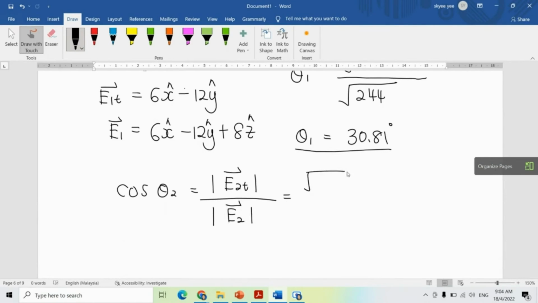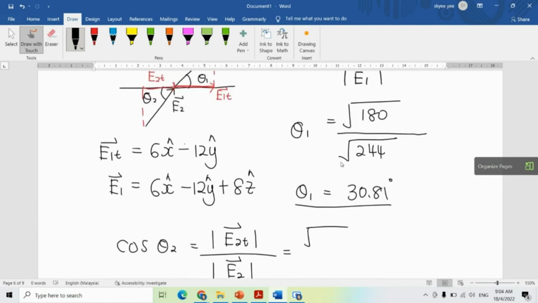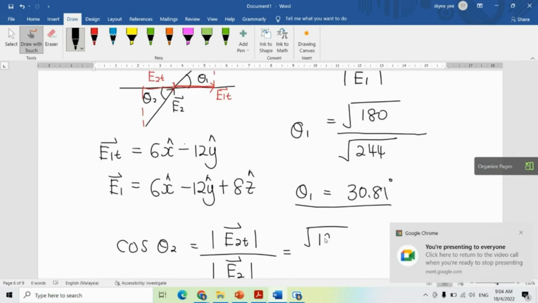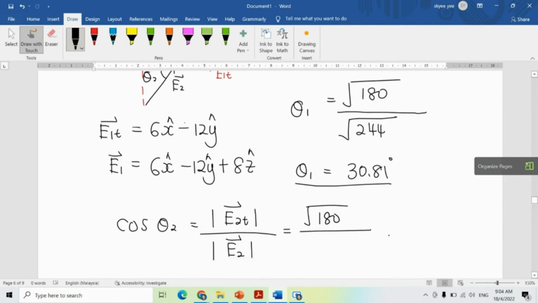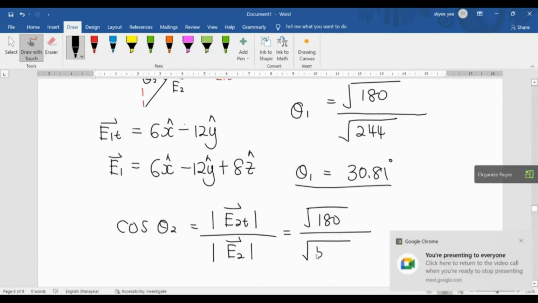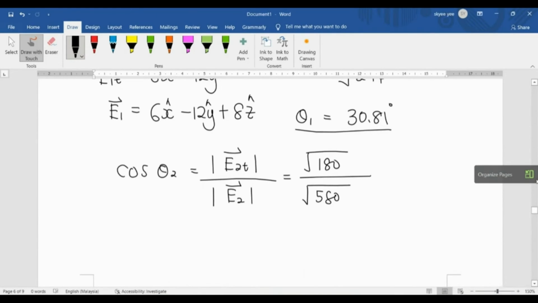Tell me again what is the value for this E2T. 580. Okay, let's calculate theta 2.